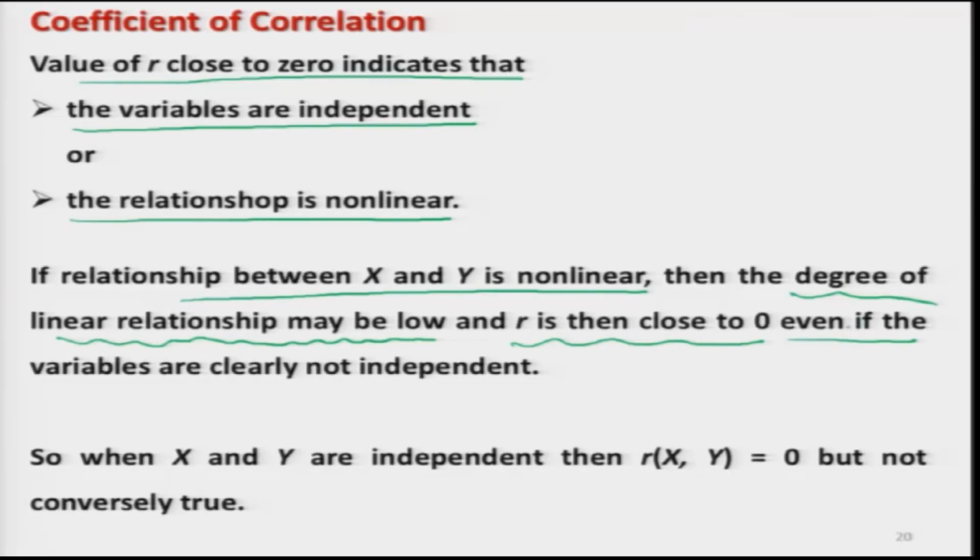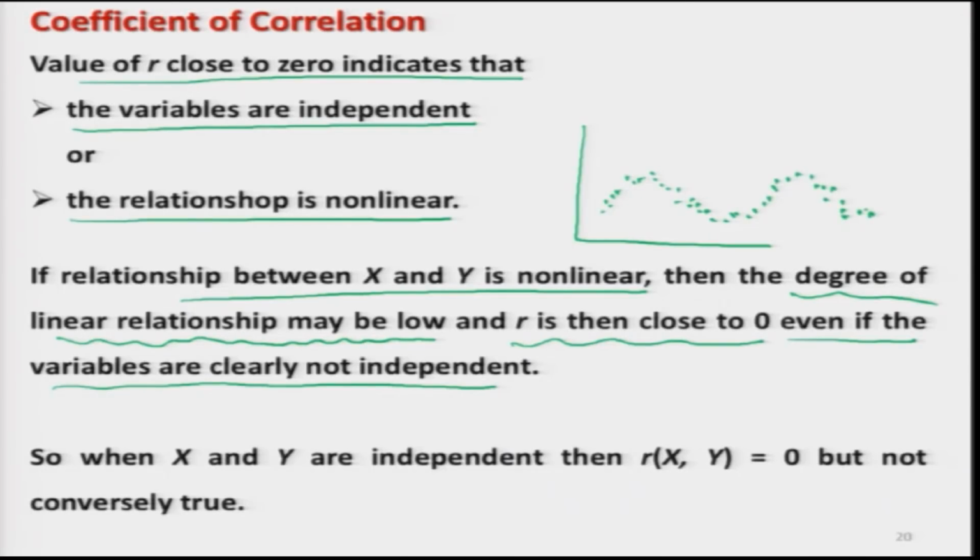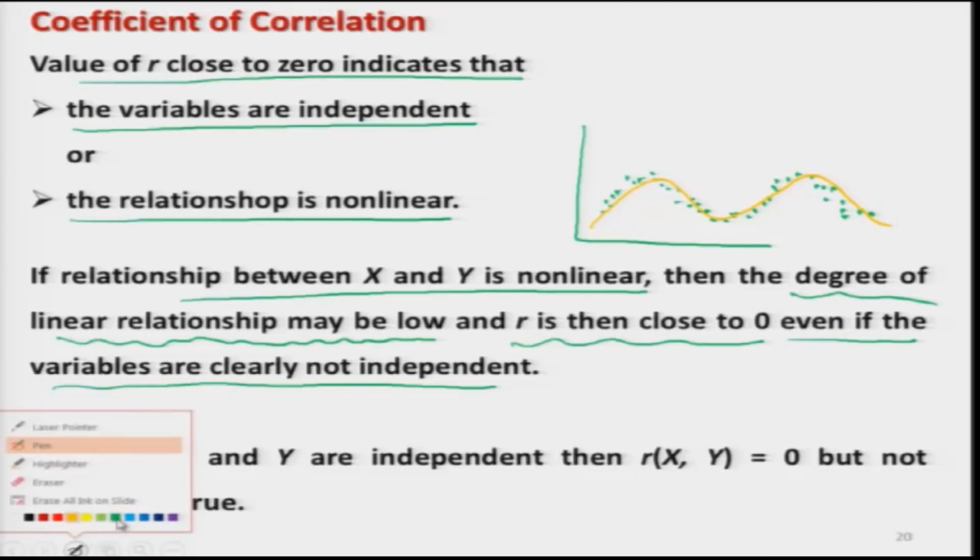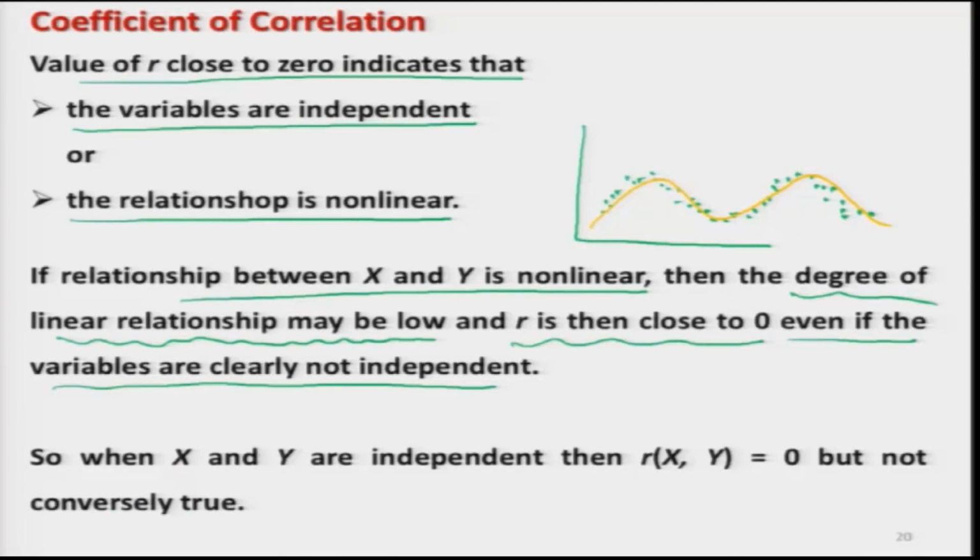So, in this case r is close to 0 even if the variables are clearly not independent. For example, if there is a trend like this one, you can see that the relationship is very clear. There is a sort of sine curve, but the correlation coefficient in this case will give you a value close to 0.